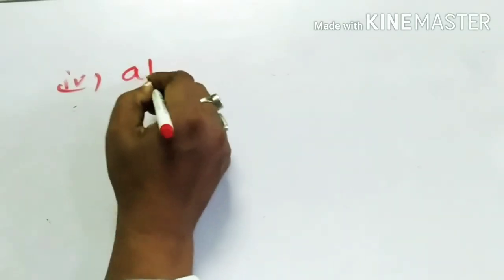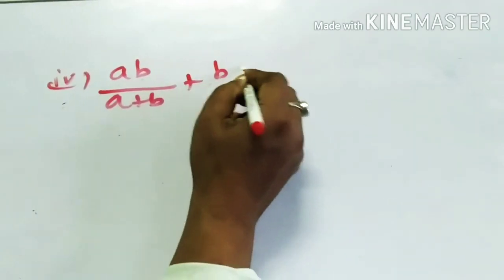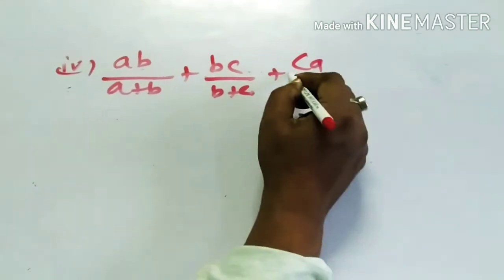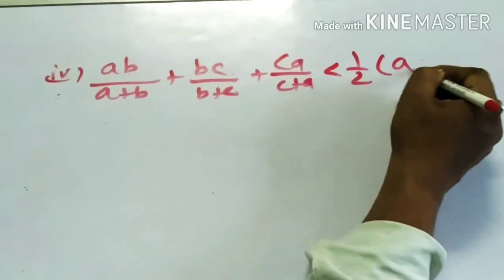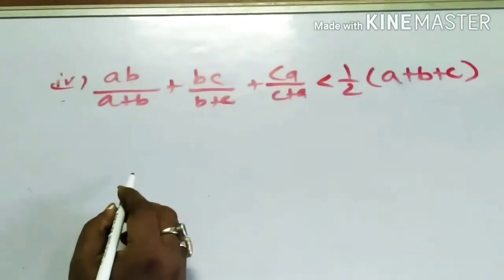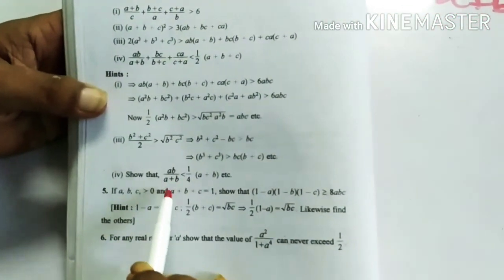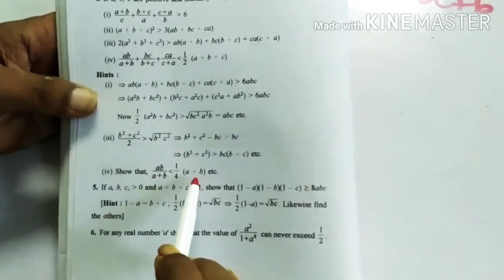Now the fourth question is: AB by (A plus B) plus BC by (B plus C) plus CA by (C plus A) less than 1 by 2 (A plus B plus C). So now here the hint is given. You have to show this one, AB by (A plus B) less than (A plus B) by 4.